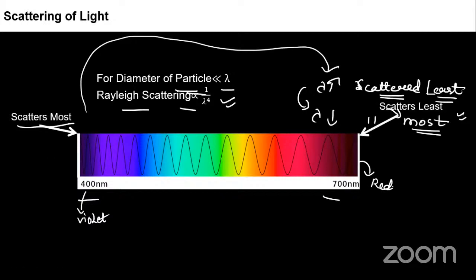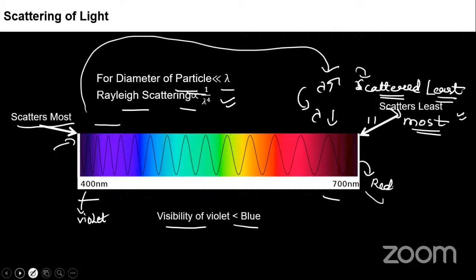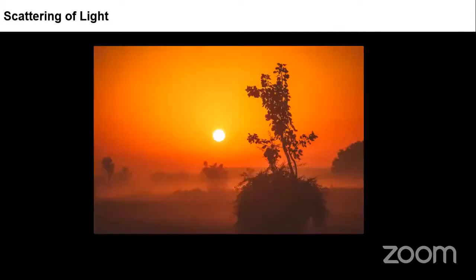And red, the longest wavelength, is scattered the least. So that's why you're able to see this blue color in the sky. The reason is this: the bluish color will be scattered the most by the particles. Visibility of violet is less than blue.